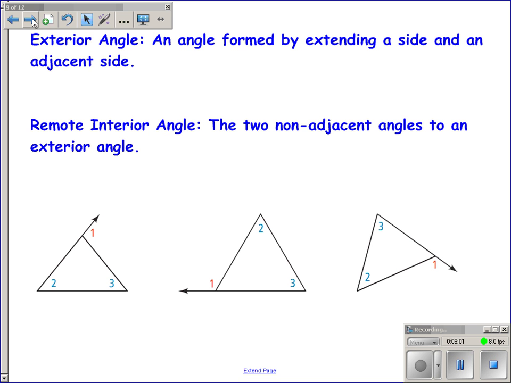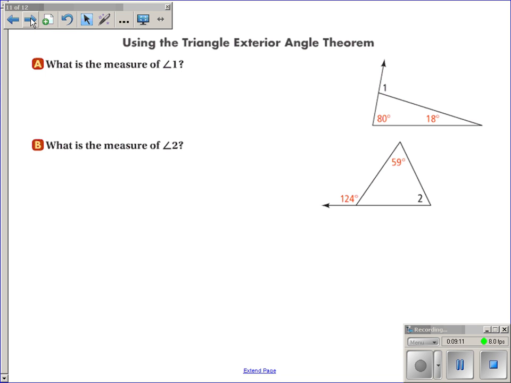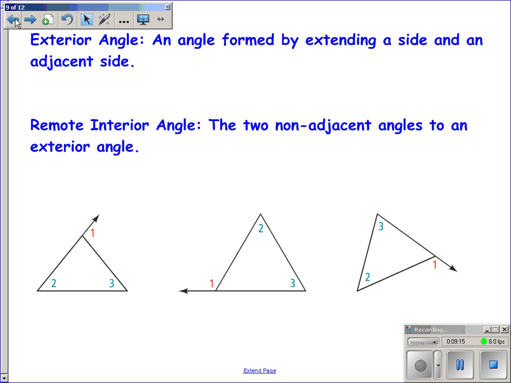Okay, now moving into the interior angles theorem. It might be the remote interior angles theorem. The triangle exterior angle theorem. An exterior angle, it's an important vocabulary word. An exterior angle is an angle formed by extending a side of an adjacent side.